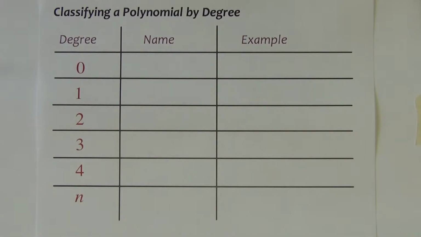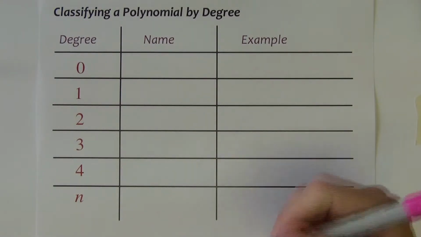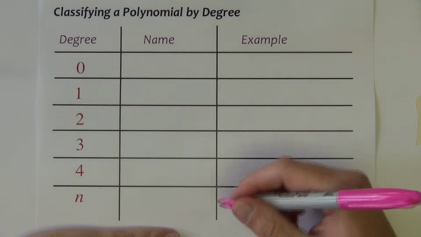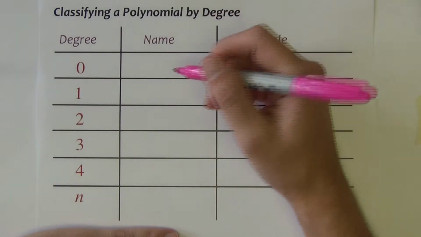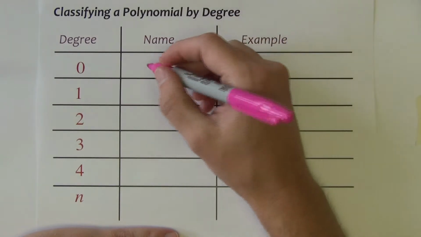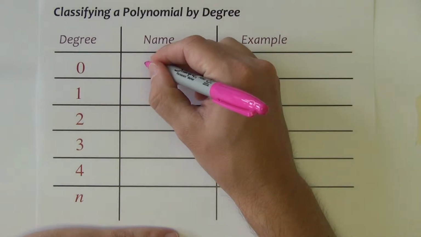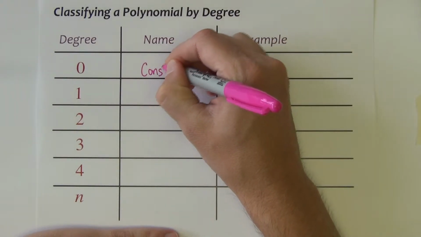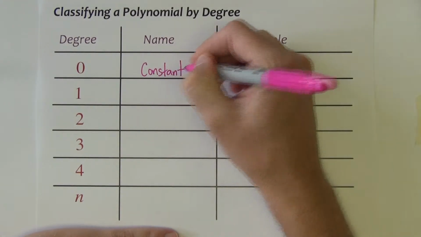Now let's talk about classifying polynomials, how we can name them, I suppose. We can classify them by degree. By degree, a 0 degree polynomial we'd call a constant.